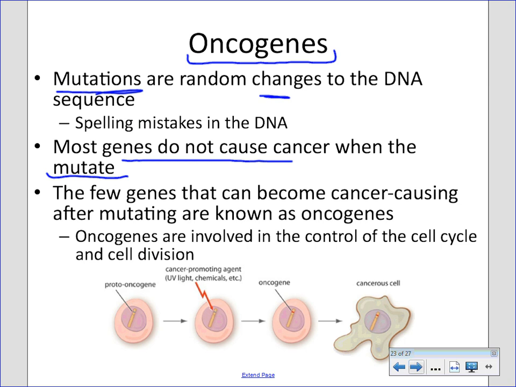So most genes fall under that category. There are a few genes, however, that can become cancer-causing after mutating. If they mutate, they can lead to the development of cancer, and these are known as the oncogenes. Oncogenes are typically involved in control of the cell cycle and cell division.